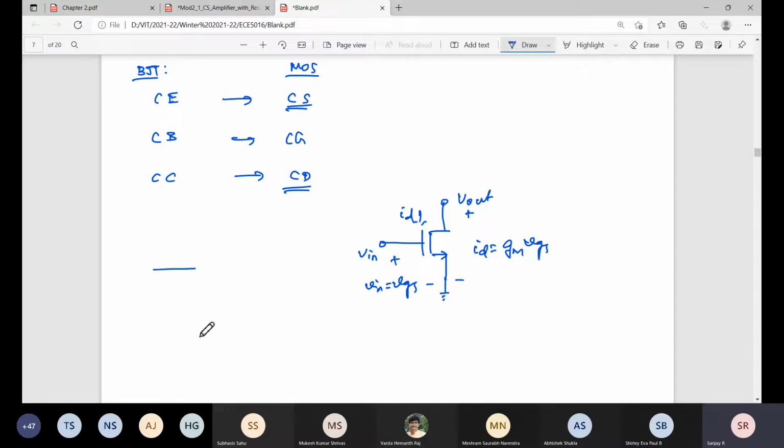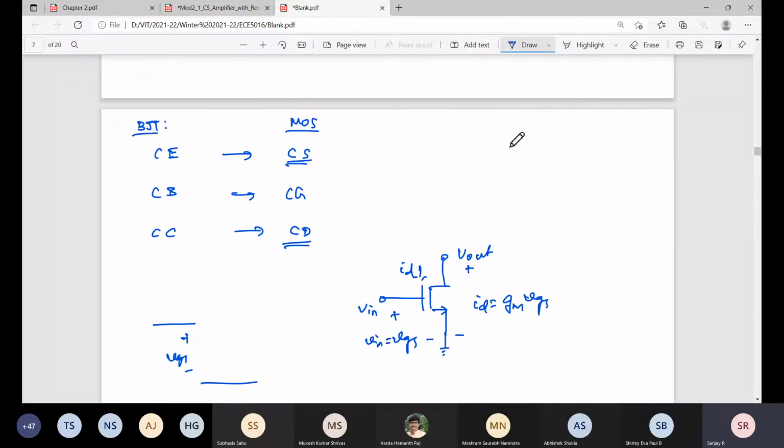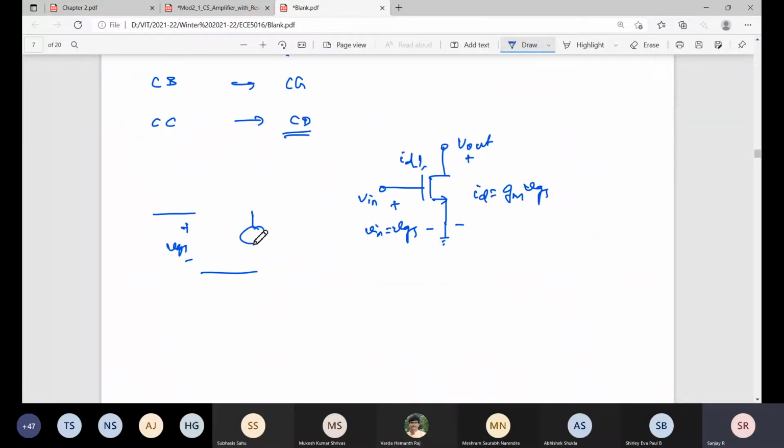MOSFET equivalent circuit. I'm applying the gate to source voltage. Let me finish this. gm times VGS. This is the gate terminal, this is the drain terminal, and here is ground. What is the equivalent circuit in BJT?